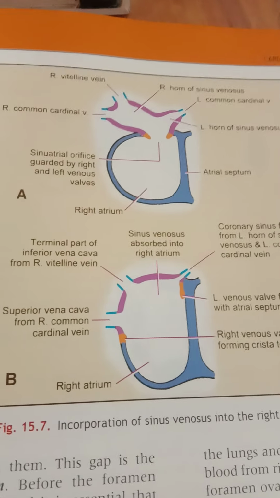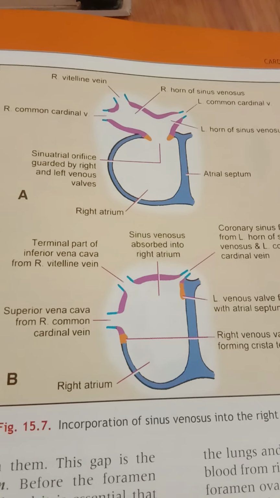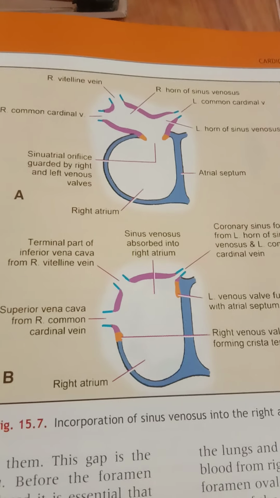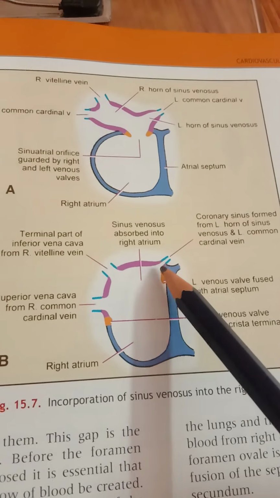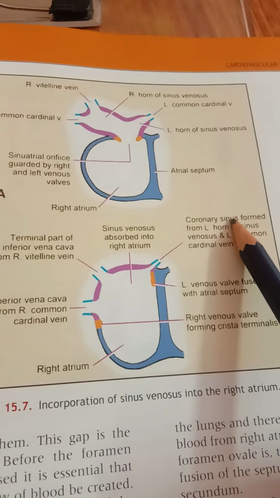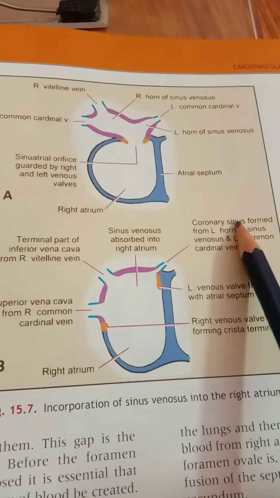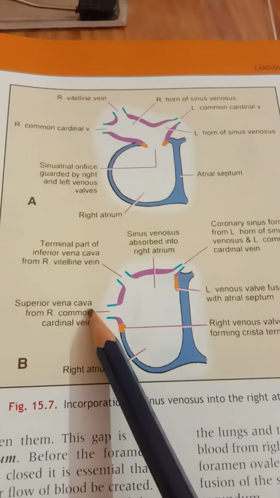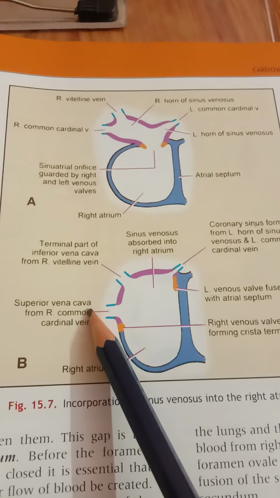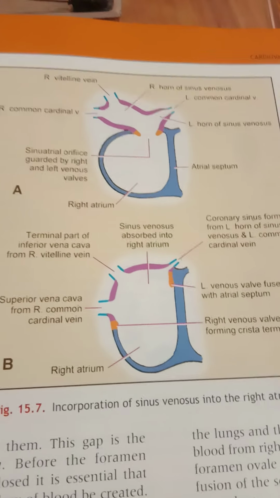Also the right half of the atrioventricular canal is absorbed into the right atrium, and the left horn of the sinus venosus mainly forms the coronary sinus. So you can see this is the left horn which forms the coronary sinus, and the right common cardinal vein leads to the formation of the superior vena cava. The superior vena cava and coronary sinus open mainly into the right atrium.